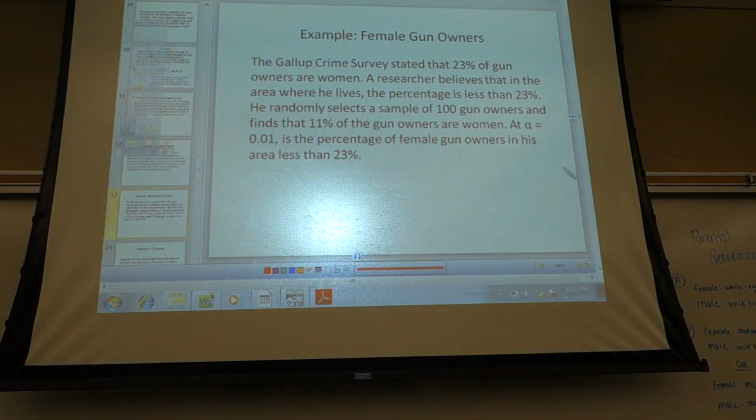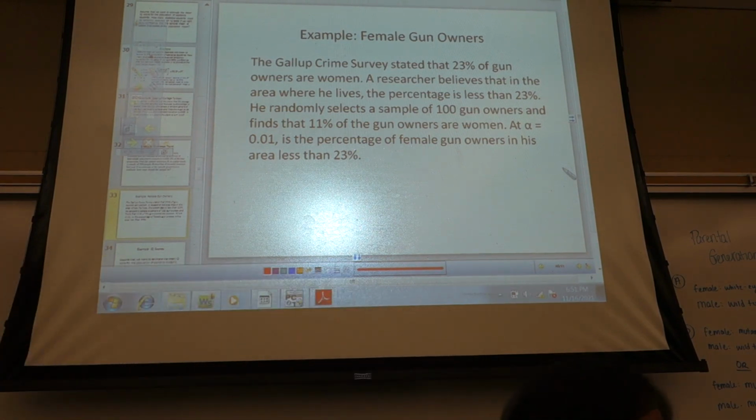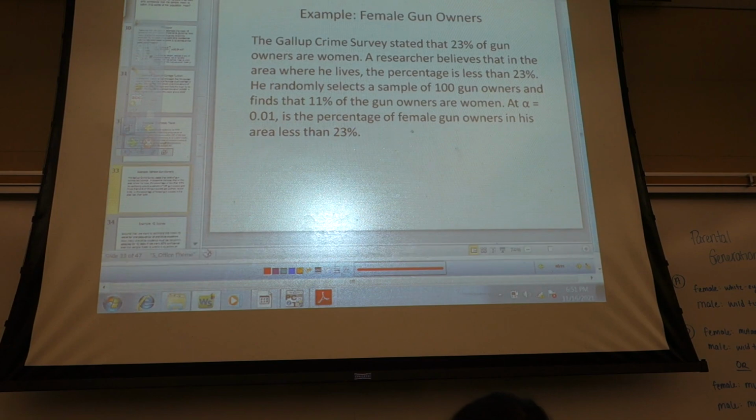All right, so everyone take 10 seconds and decide whether this is a mean or a proportion, whether it is a confidence interval or hypothesis test, Z table, T table. Okay, what do you folks think?